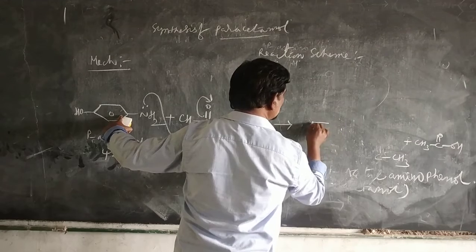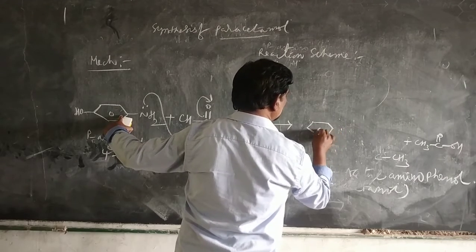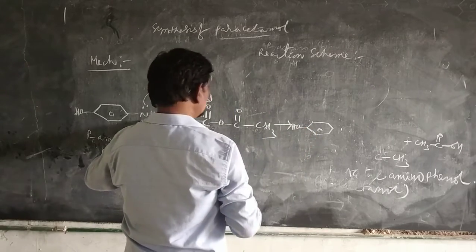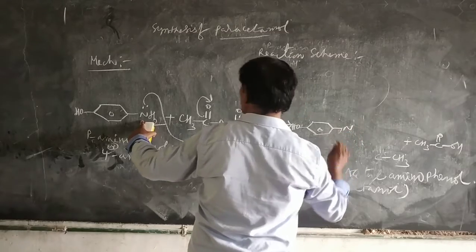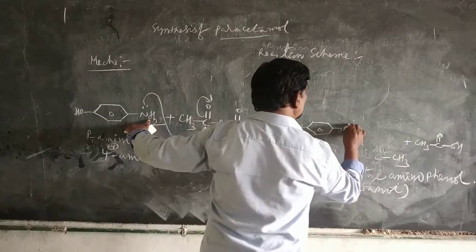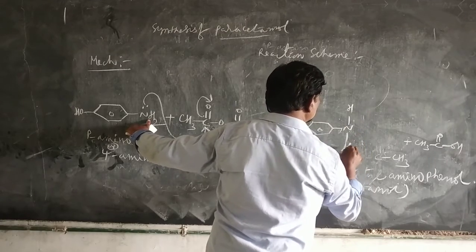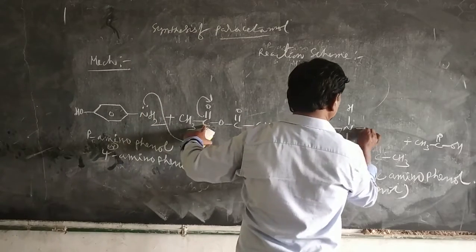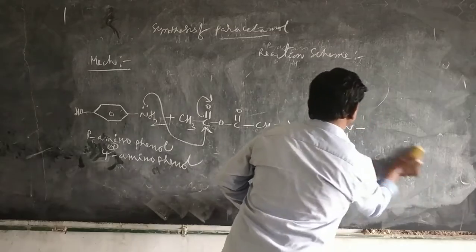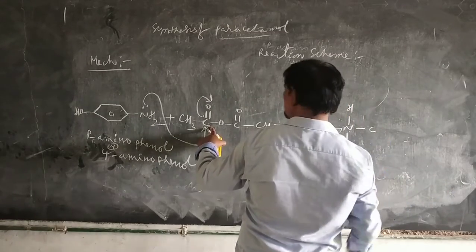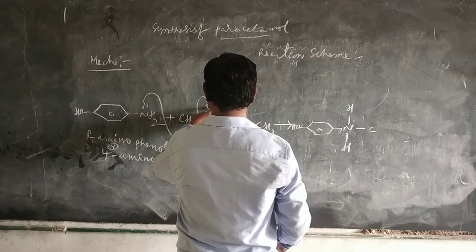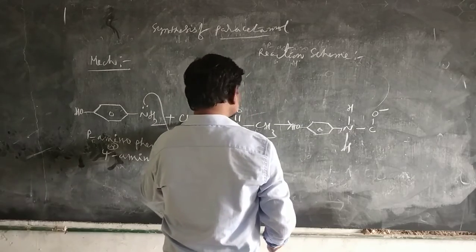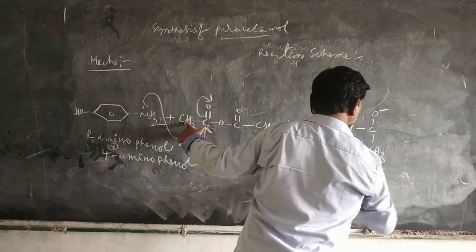Now, as usual, the benzene ring is connected with the OH group and N, with hydrogen and another hydrogen. The lone pair of electrons on nitrogen connects to the carbon. The double bond shifts towards oxygen, so O minus, connected with the methyl group.